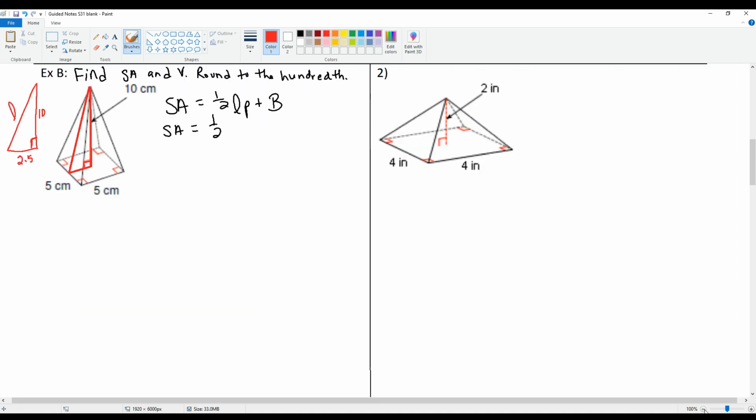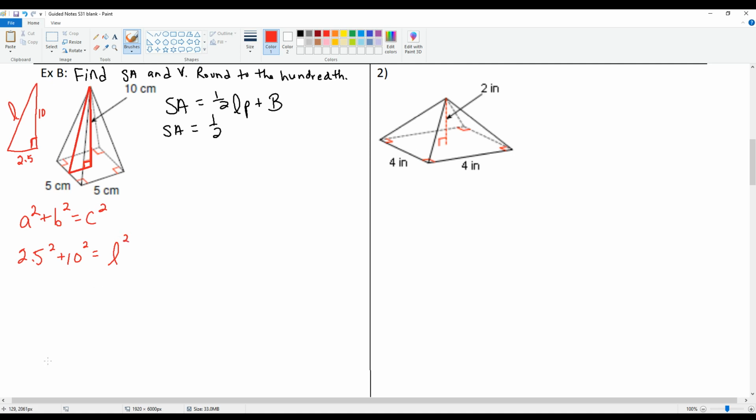So we can use the Pythagorean theorem to solve for cursive L. That's a squared plus b squared equals c squared. A is 2.5, b is 10, and c is the slant.